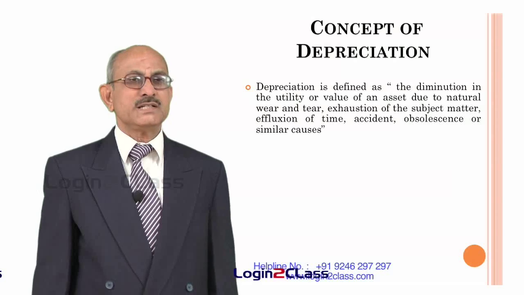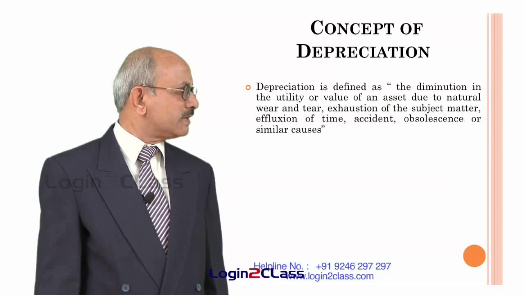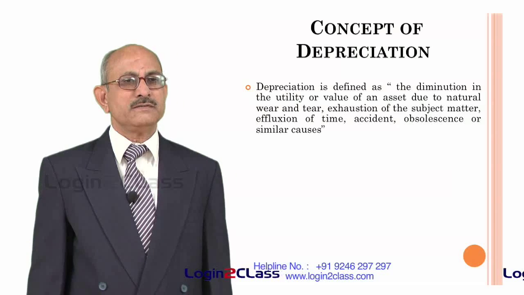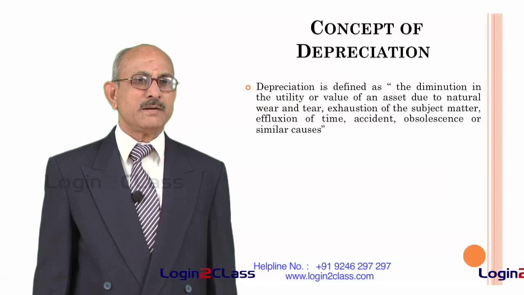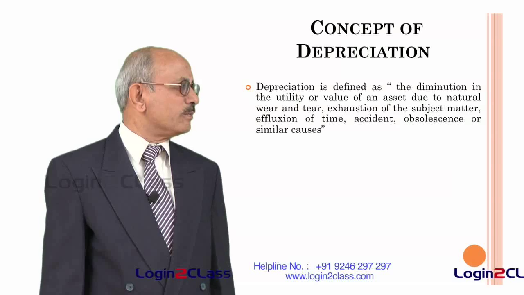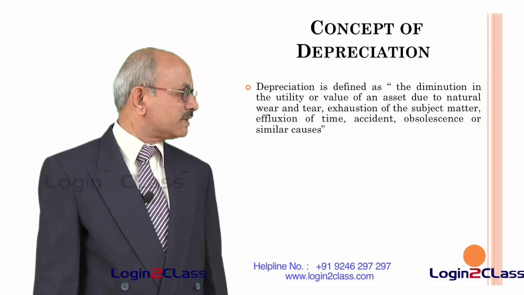And third is effluxion of time. That means the passage of time. So even because of passage of time, there is some diminution in the utility or value of the asset. For example, even if an asset is purchased and kept unused, it will still undergo diminution in its value. So that is called the diminution on account of effluxion of time.